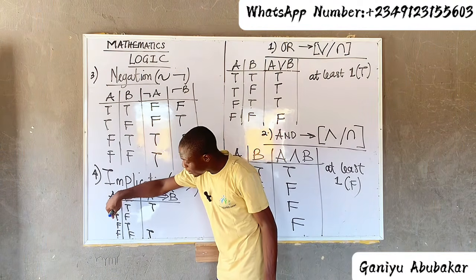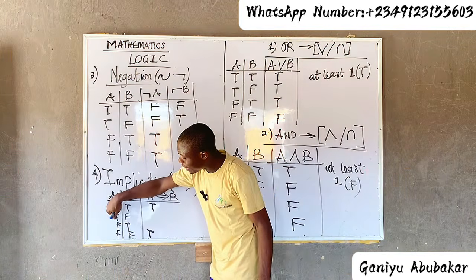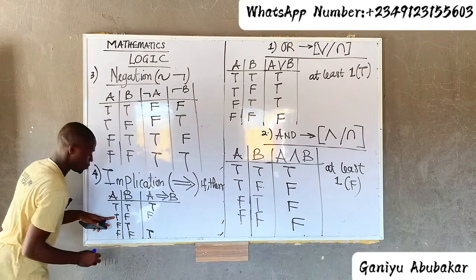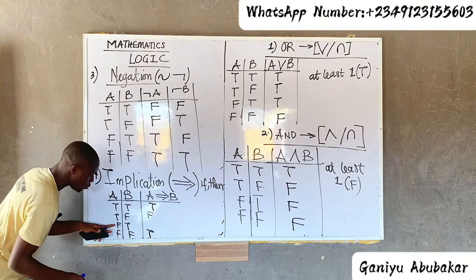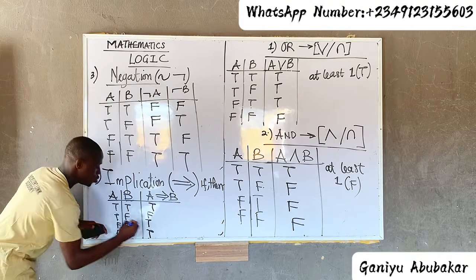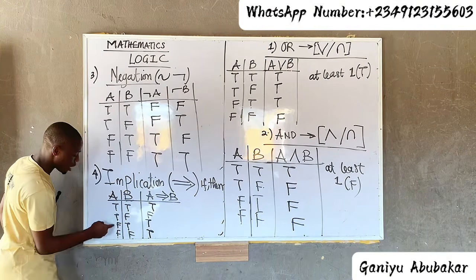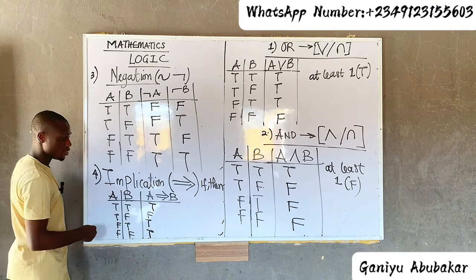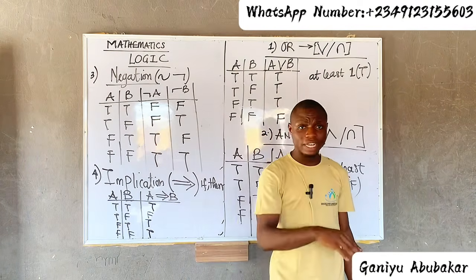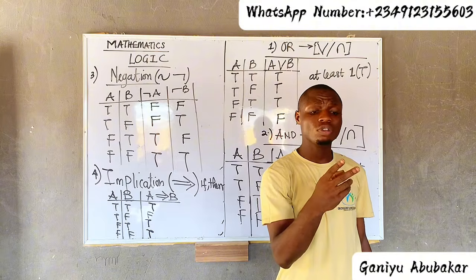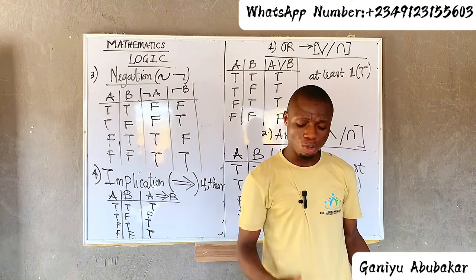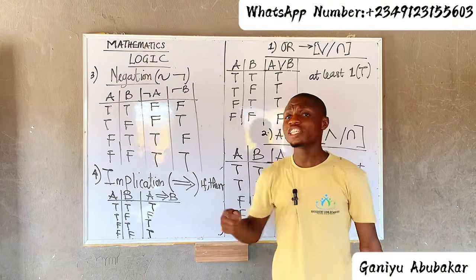I'm having TF. If T starts this, definitely my end product should be false. For this next one, if false starts it, FT, my answer should be true. So just change the initial to the opposite. Now for implication, the concept is that if you're having a double, maybe true, true or false, false, your answer should be true. But if you're having a mixture, check the initial.